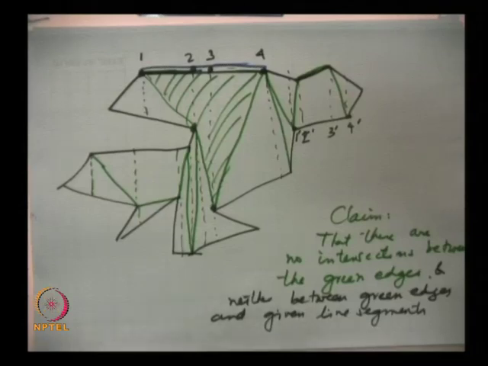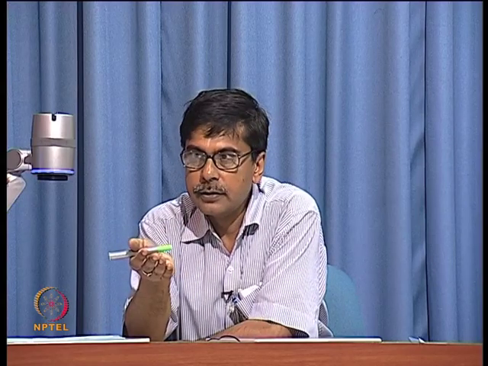So, given a trapezoidal map, suppose we could actually construct the trapezoidal map, or someone gave us this information, then the next step is rather easy.